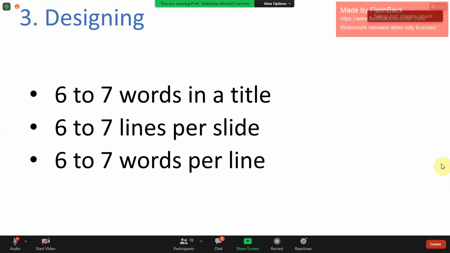In the title, it should be 6 to 7 words, and 6 to 7 lines per slide, and each line should have less than 6 to 7 words. But this is ideally, I should say.